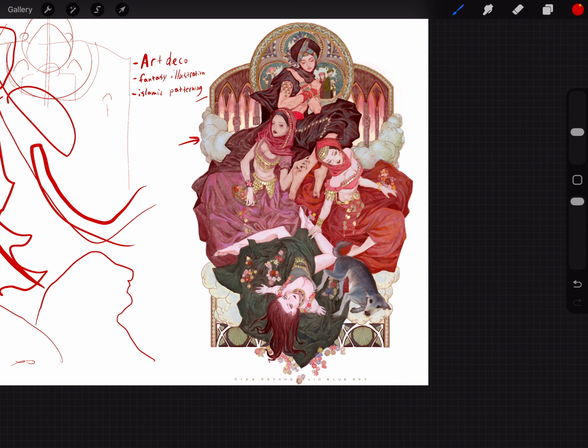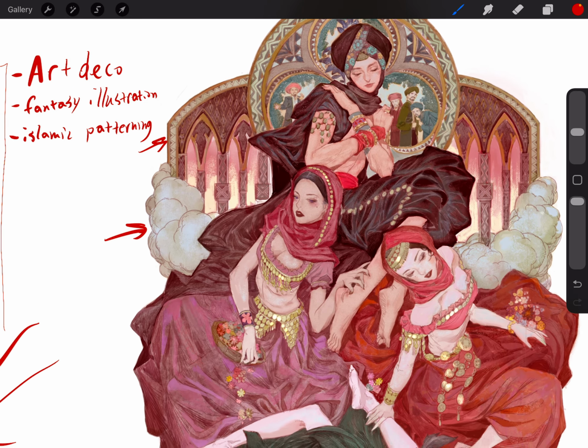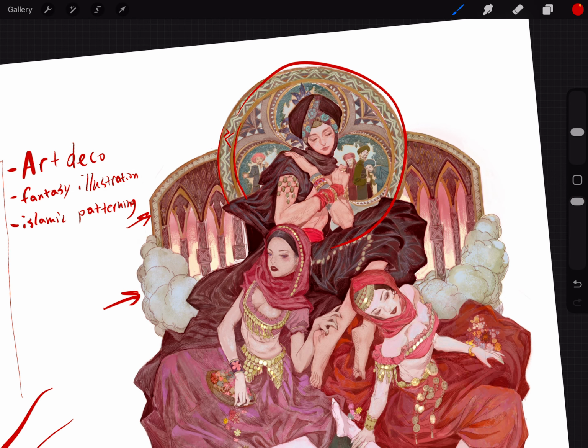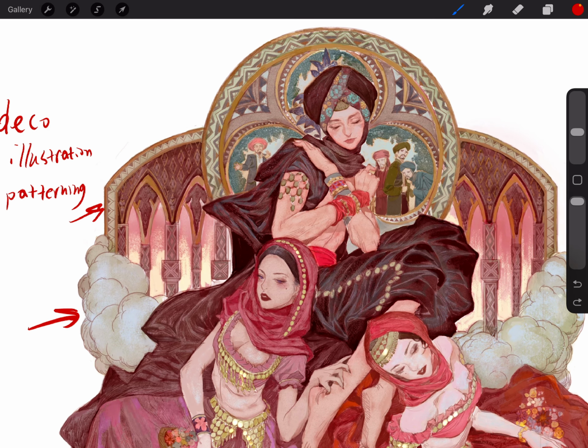We can see the patterning, like the patterning here, right? We've got this triangular patterning, but it's really a circular pattern with triangular patterns in it, right? And then we see this same circular patterning going on the figures themselves.